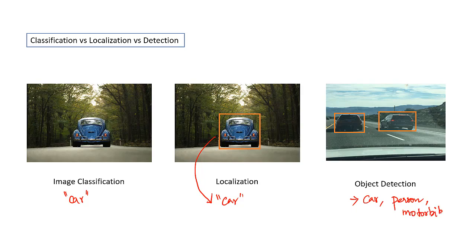Essentially it can detect multiple objects inside one single picture, whereas localization is where we predict one single object and give its particular location, and image classification is just labeling an image. So this is the difference between localization, classification and object detection.